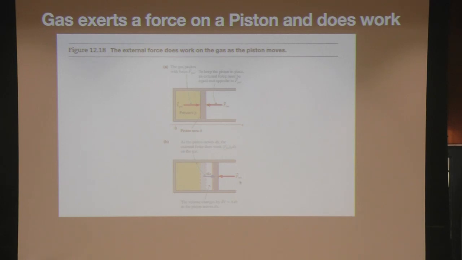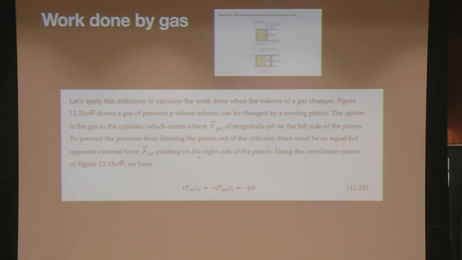So in this case, the external force is doing work on the gas, and the volume changes by dV equals A dx as the piston moves dx. So the piston is moving some distance here, dx.